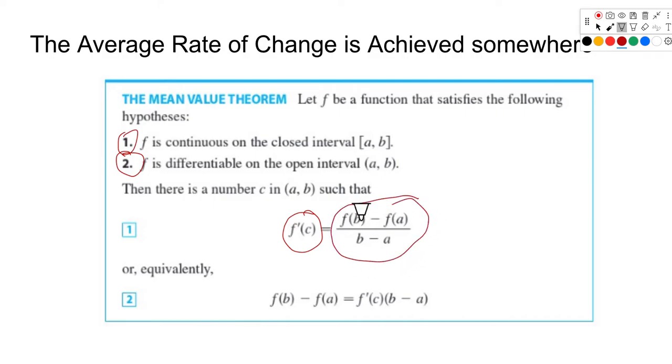And this really is y2 minus y1 over x2 minus x1. So it's the slope formula, the slope between A and B, the first point and the second point.